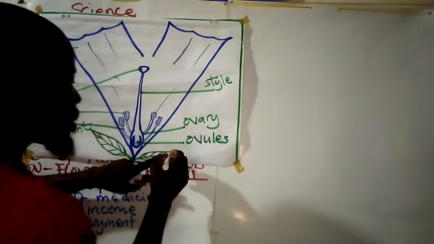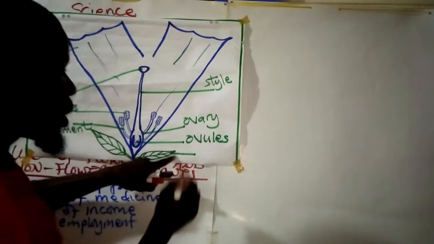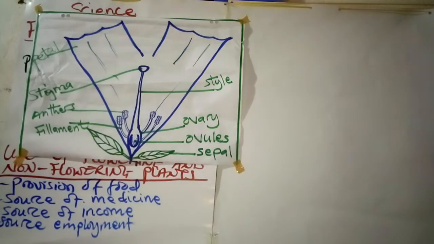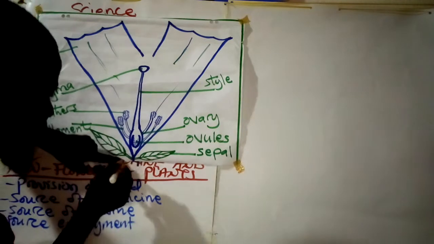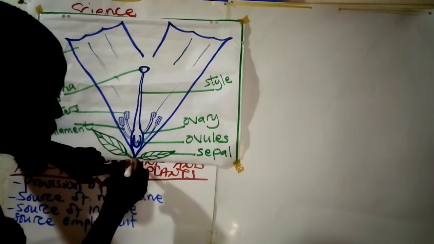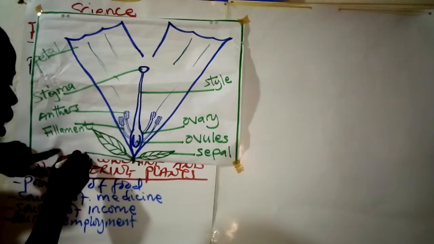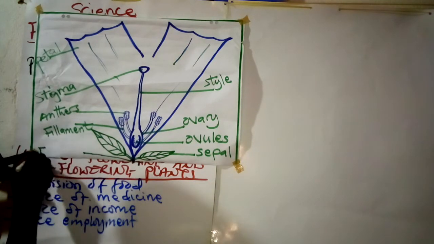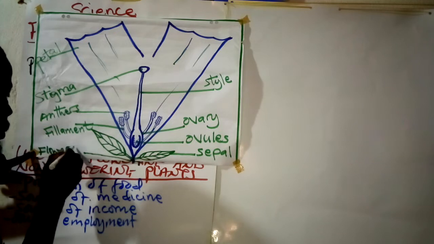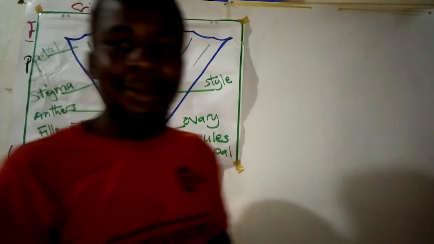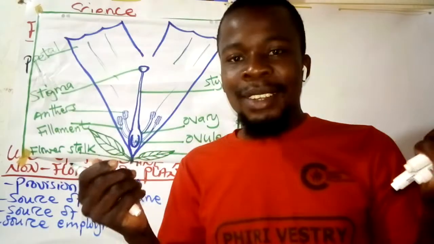And lastly, we'll talk of this one, which is called the sepal. And not forgetting this one, because they have got a small one. This one is the flower stalk. Like we talk of leafy stalk.